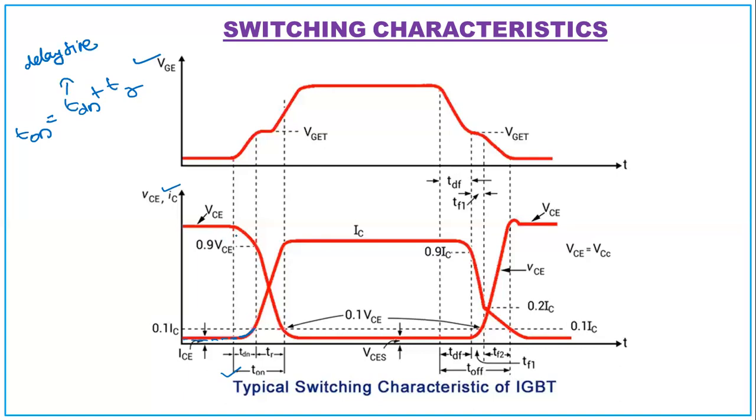So voltage is falling from 0.9 VCE to 0.1 VCE, and collector current is increasing from 0.1 to 0.9 IC. That is the rise time. So overall it is T on equals TD plus TR, and we are providing the gate pulse VGE.